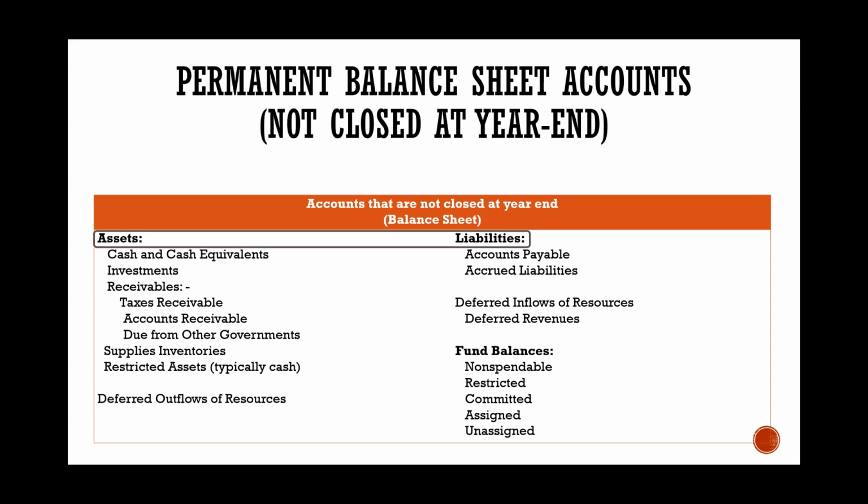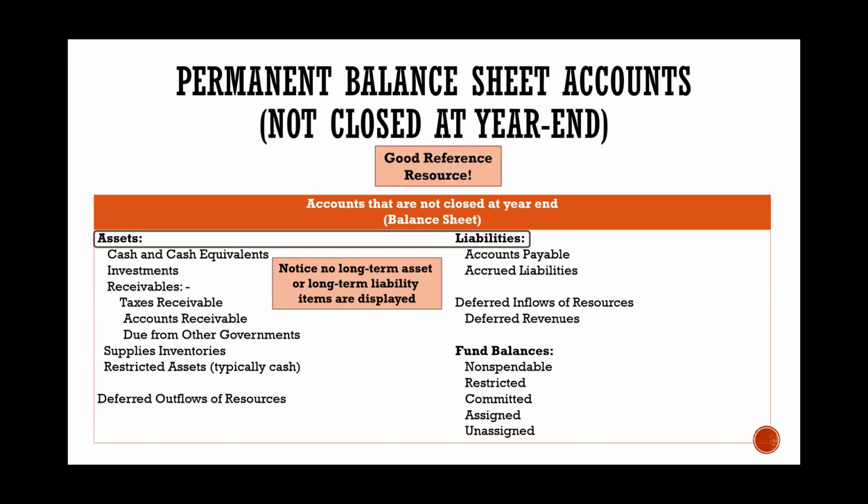If you take a look here, we see our assets and liabilities listed. You'll notice there are no long-term assets, no long-term liabilities listed or displayed for the modified accrual basis of accounting. This is going to be your governmental category type funds only, right? No long-term assets, no long-term liabilities, okay? This is going to be a great resource for you to use, so make sure you're filling out the tables in your notes accordingly.